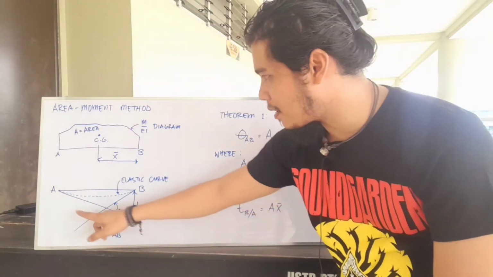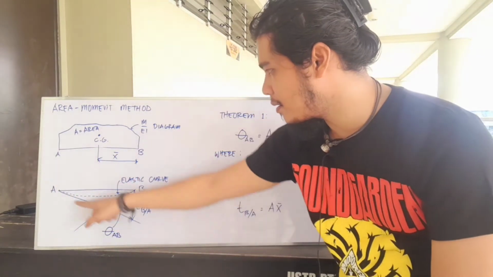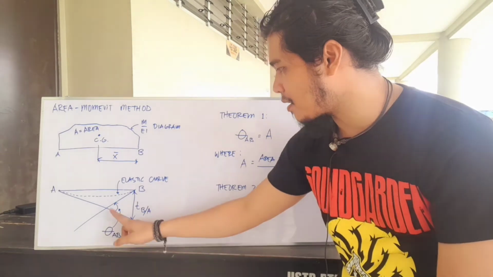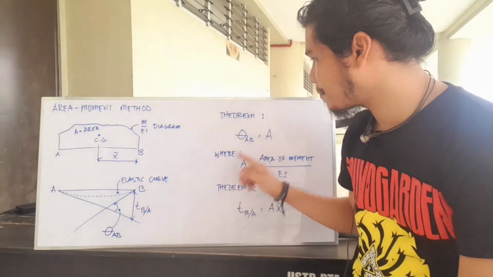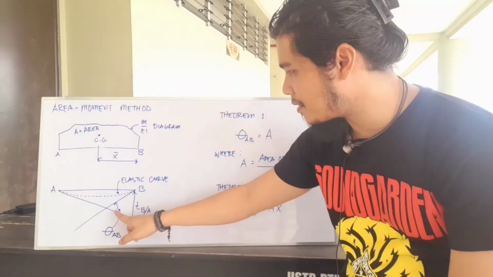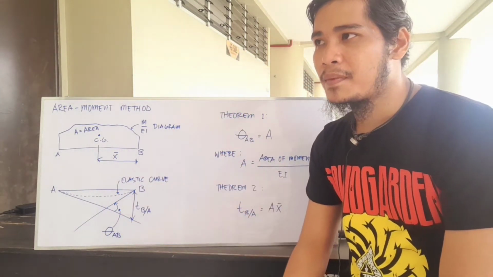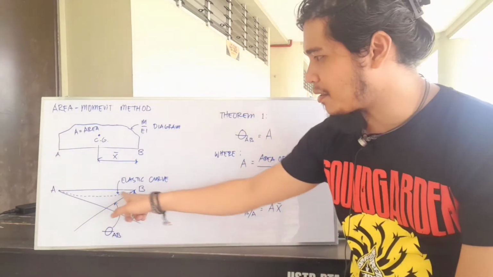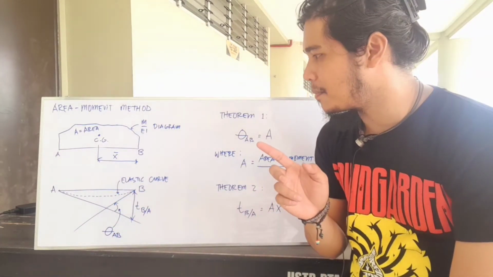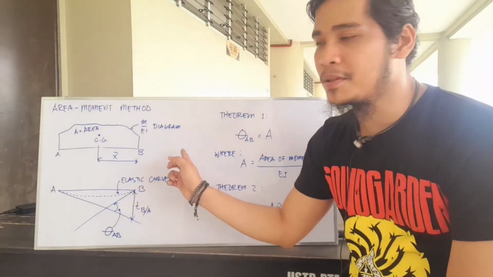So, for example, gagawa tayo ng tangent line at point A and point B. So, ito yung magiging intersection nila. Ang theta AB natin, which is the angle from A to B, from tangent A to tangent B. Again, yung tangent ay a line passing through a curve at a single point. So, ibig sabihin, at point B, isang tangent line yung magagawa mo dyan.